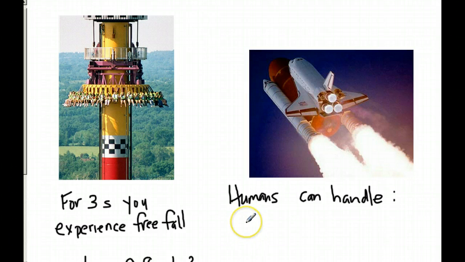So just an interesting piece of information: humans can handle up to 30 Gs for about half a second.